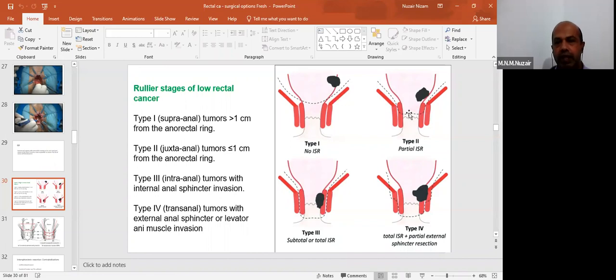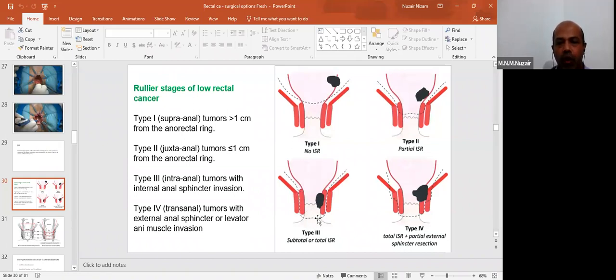Partial intersphincteric resection means, as you know, the internal sphincter starts at the anorectal junction and comes up to the anal verge. So we resect only the rectum and the upper part of the internal sphincter. That is called partial internal sphincter resection. And if the tumor is even further below, we have to resect the whole internal sphincter and do the anastomosis at this level.